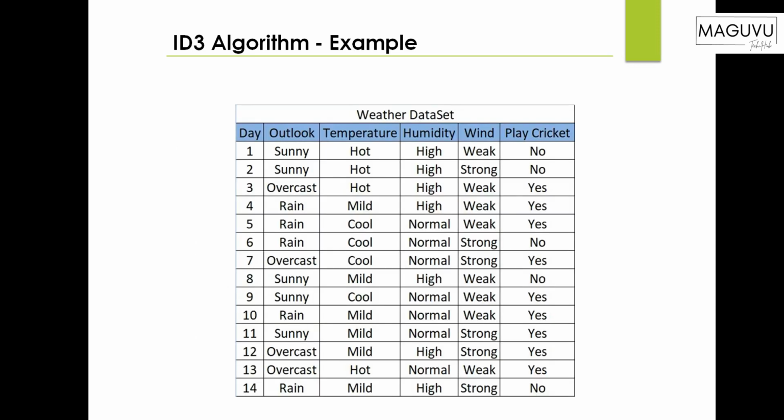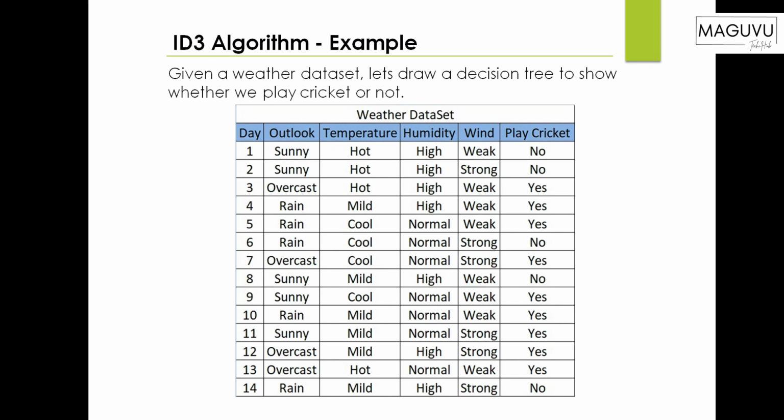Now, given an example where we have got the weather data set which determines whether we are going to play cricket or not. As we look at this data set and example, we will see that we first of all have got to identify the target variable, which is to play.